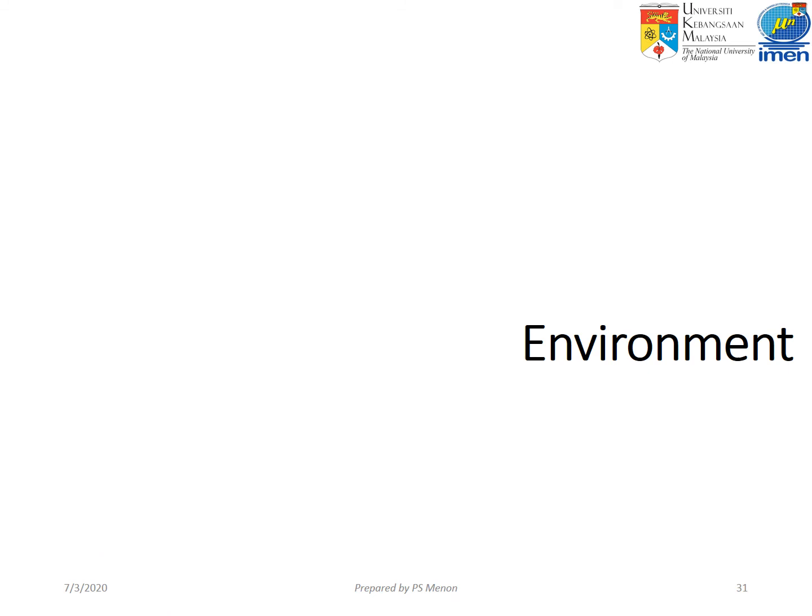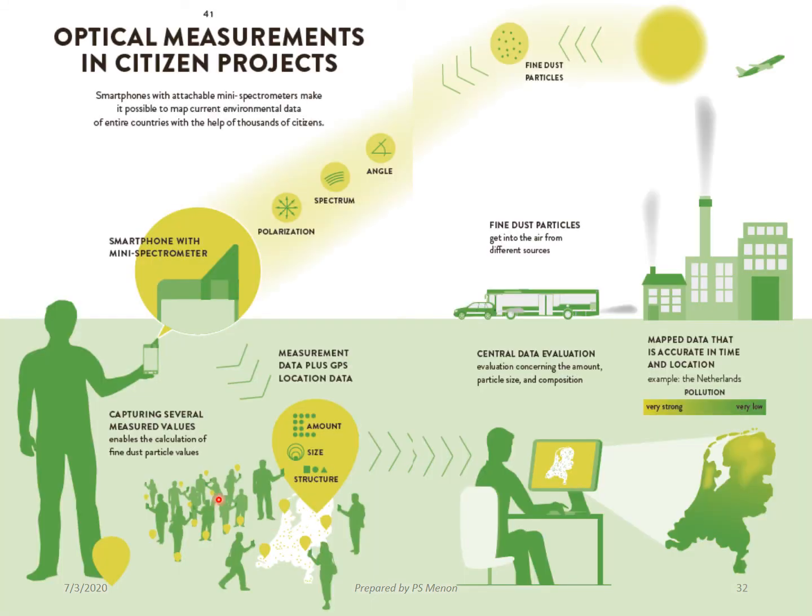Environment. Photonics is also used for optical measurements in citizen projects. For example, smartphones with attached mini spectrometers make it possible to map current environmental data of entire countries with the help of thousands of citizens.